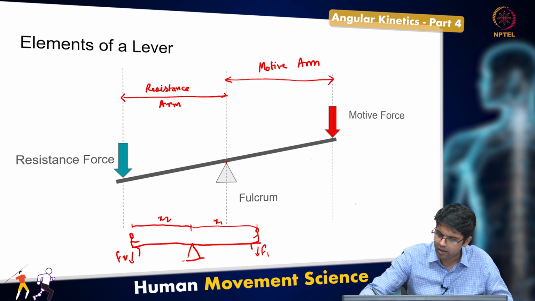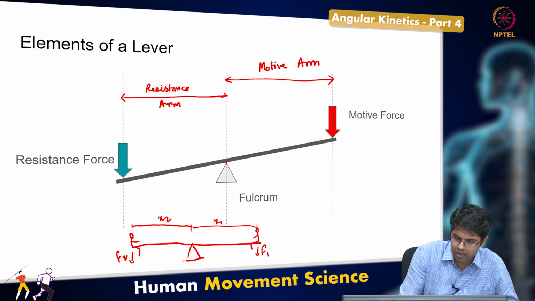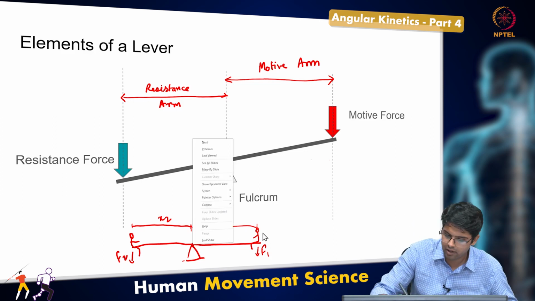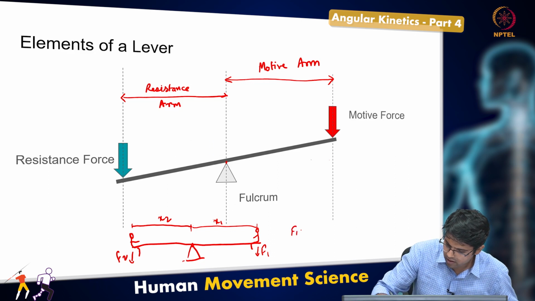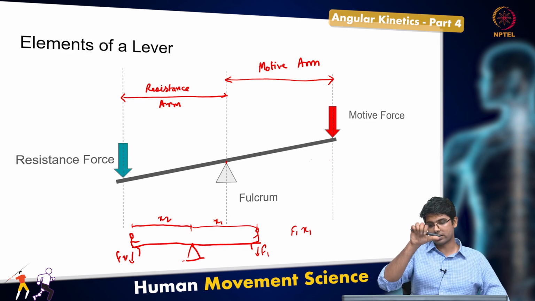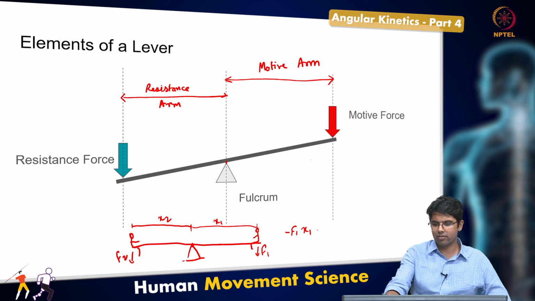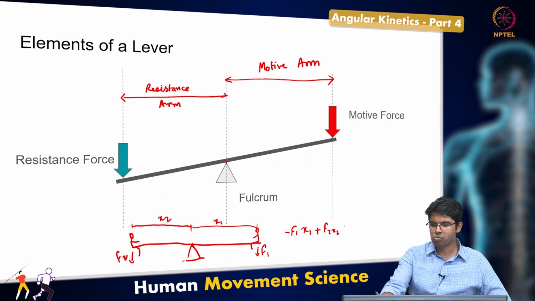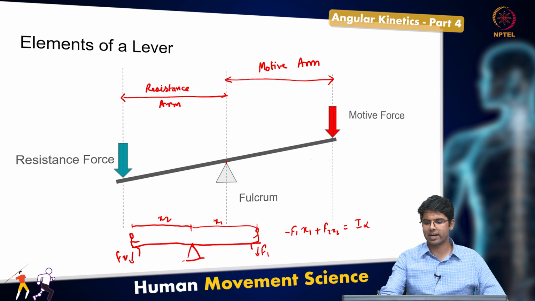With distances x1 and x2, if I was to write the moment balance about this pivot point, that would be negative F1 x1, a clockwise moment, plus F2 x2, a counterclockwise moment. This is equal to I times alpha, the net moment of inertia of the system times the angular acceleration.